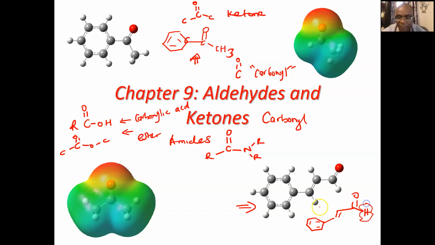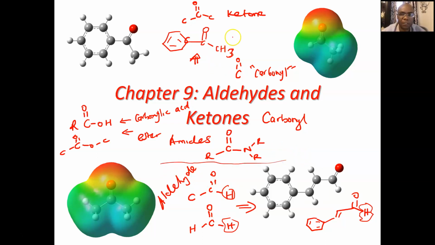An aldehyde will at least have a hydrogen bonded directly to the carbonyl, so aldehydes can take this form, or the simplest aldehyde will have two hydrogens. So you at least have one hydrogen bonded to the carbonyl to make an aldehyde. So now that we know what ketones and aldehydes are, let's dig in. Remember the word carbonyl, very important.